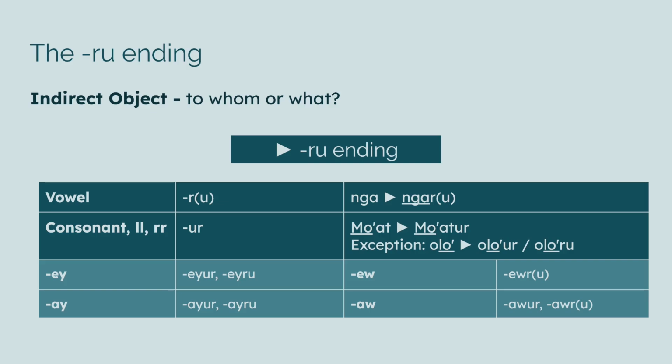There's one exception, namely if a noun ends with a diphthong, so the small apostrophe. In that case, it can be either ur or ru. So olo means clan, and olo ur or olo ru are both perfectly fine and can both be said that way. Then we again have the situation that for every single diphthong we have different rules.